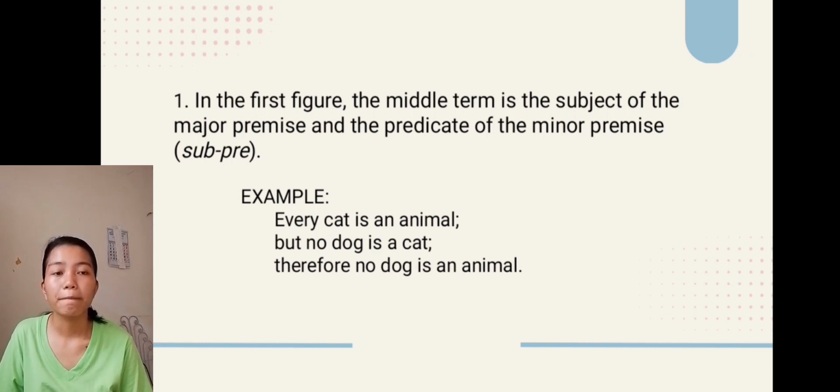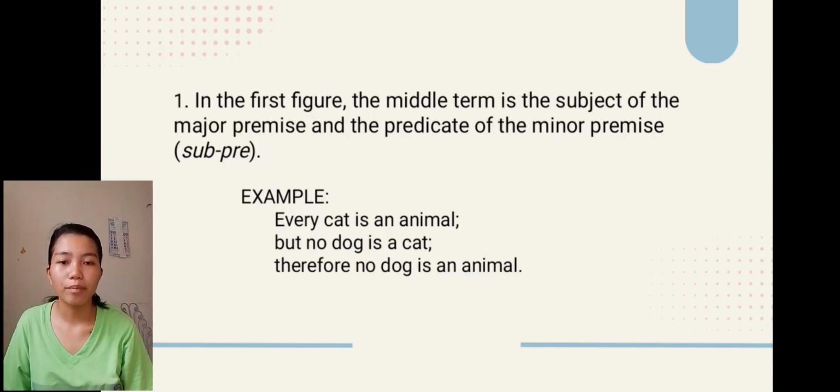So when we compare it in the mood of the first figure, every cat is an animal, the major premise is A, which is correct, but no dog is a cat is E, and the minor premise must consist of A and I. So it is an invalid mood of syllogism.